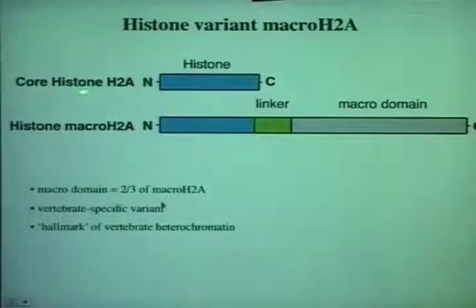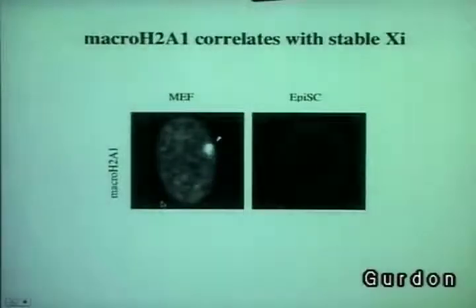The core histone looks like this, and the variant histone has a long extension here and is really a completely different molecule. It's a vertebrate-specific variant, and it's very characteristic of heterochromatin. So it looks as though this macroH2A is one component of the resistance to reprogramming.